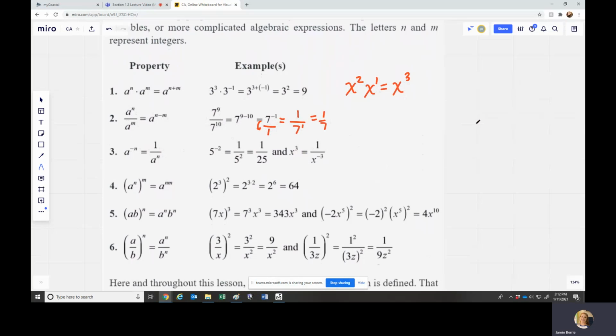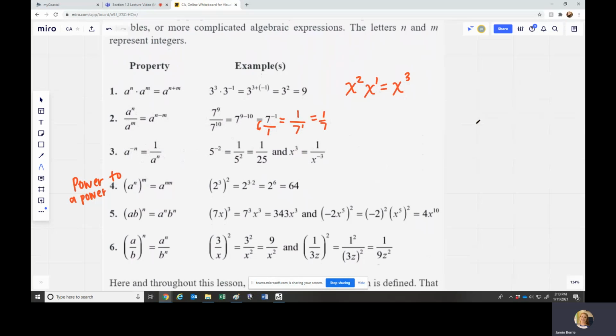All right, then we have our property that we just learned. We already knew this one: a to the negative n equals 1 over a to the n. This next one I like to call a power to a power. So we have a to the n raised to the m.